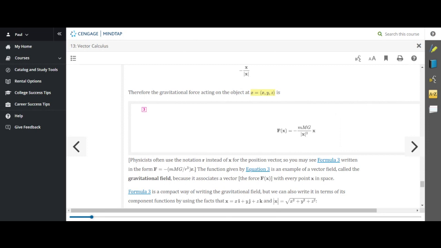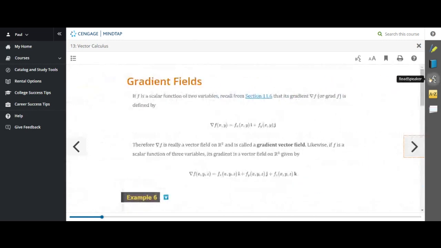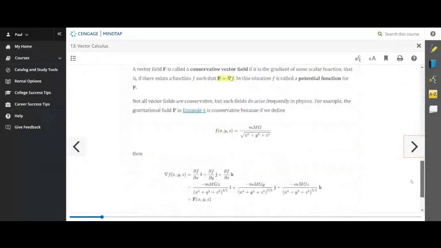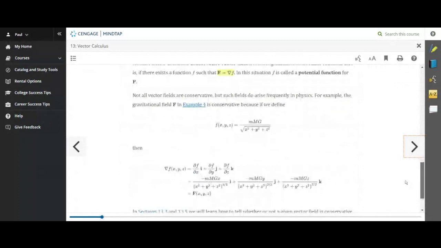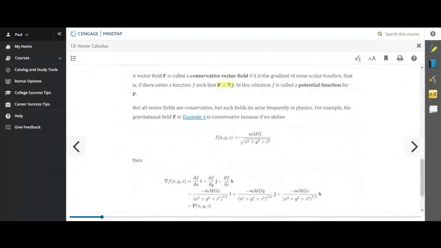Notice in the bottom, you have the length or magnitude of the vector x cubed. So if we were to write out this vector field in a little more detail, this would be our result.